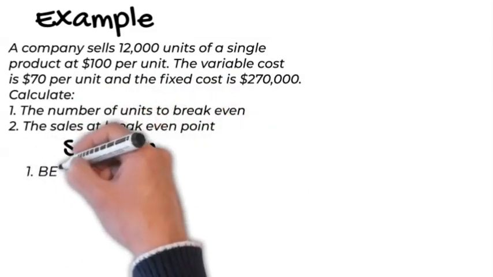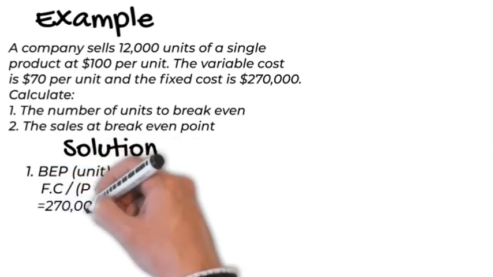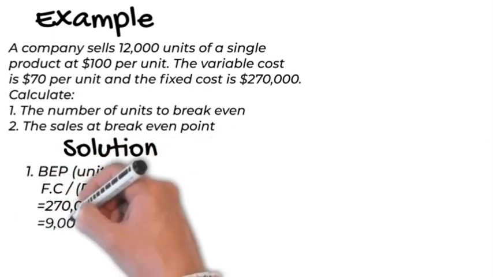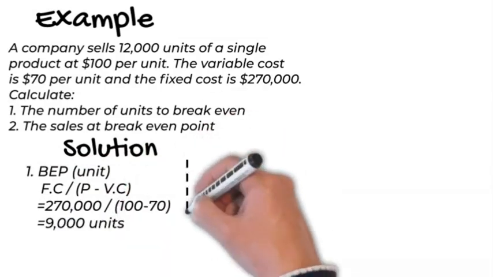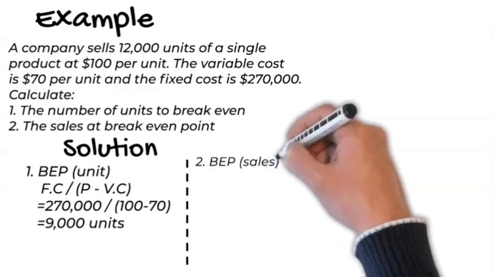So, solution: the number of units to break even is BEP in units equals fixed cost over selling price minus variable cost per unit. That gives us 9,000 units.